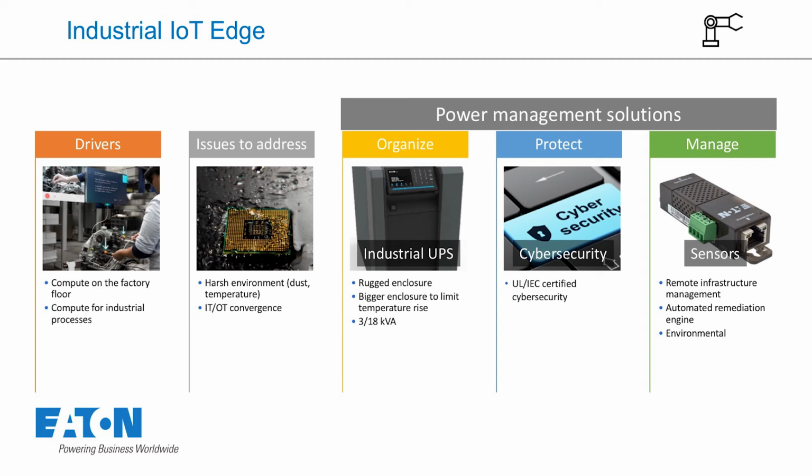Protect: cybersecurity equipment that's either UL or IEC certified. And manage: have remote access to the sensors themselves connected to the equipment, making sure that we can give a predictive analysis of what's going on in the environment, either in our processing plant, offshore site, oil and gas site, etc.